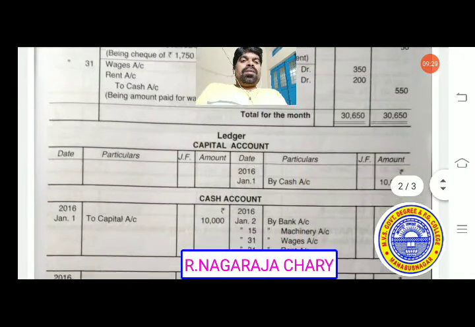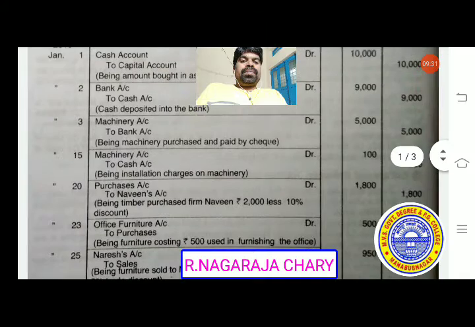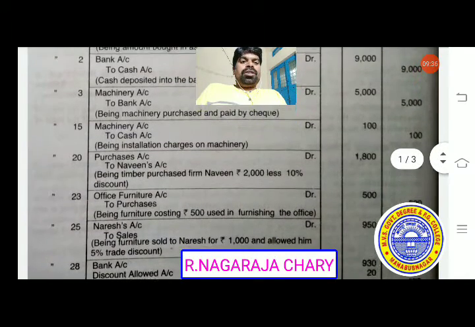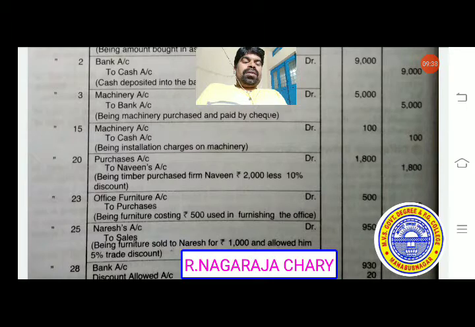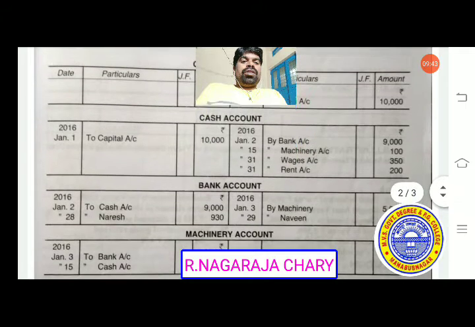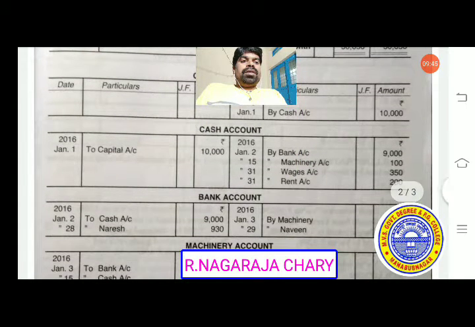Next, on the 15th, machinery account debit to cash account. So you see here machinery is 100. Why this 100? For installation charges. In the cash account on the credit side you have to write by machinery account, that is 100.